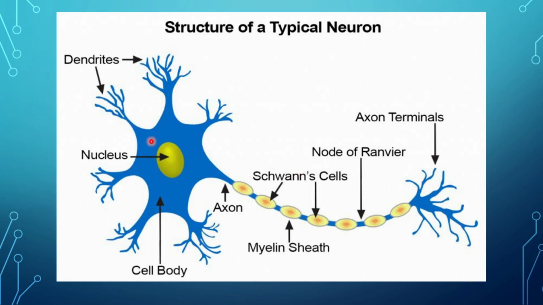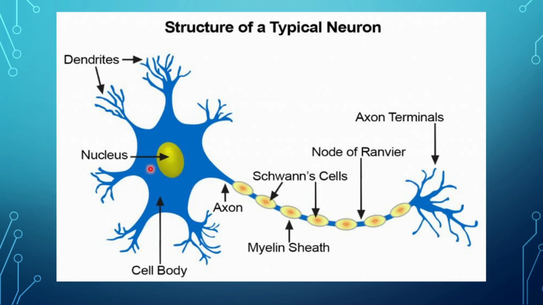So there are features that you'll find in most neurons. There are differences between different types of neurons, but these are the kind of typical structures that you will see on many neurons. Okay, so we have a cell body. This is usually quite large, obviously where all the processing is happening.